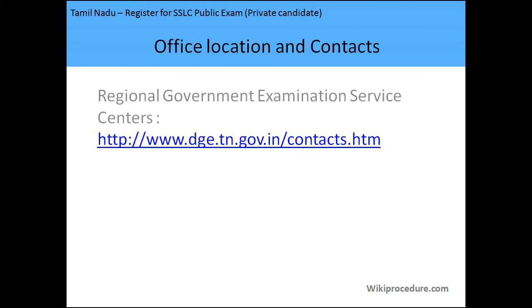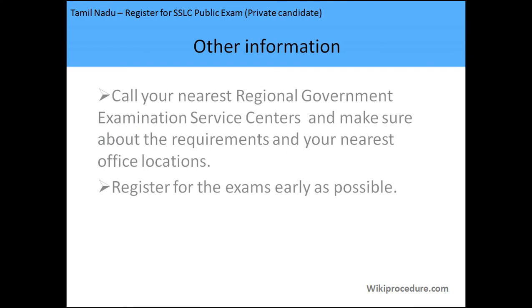Location, as I said, I showed you the page where the information is displayed, which could help. For other information, I would recommend you call the nearest regional government examination service center before you reach there, and also register for the exams as early as possible.